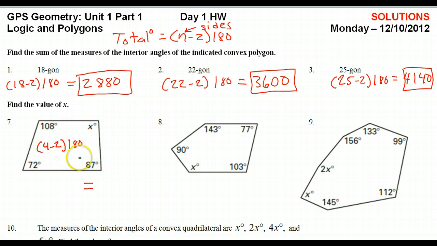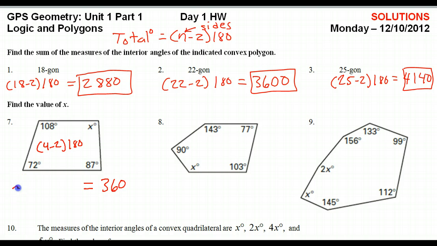Okay, so the total degrees of a quadrilateral like this one should be 360. So we know the total of all the degrees should be 360. But we've got these expressions. We've got x and then we've got these three numbers. Well, guess what? These four things should add up to 360 because that's what it means for the total interior degrees to be 360.